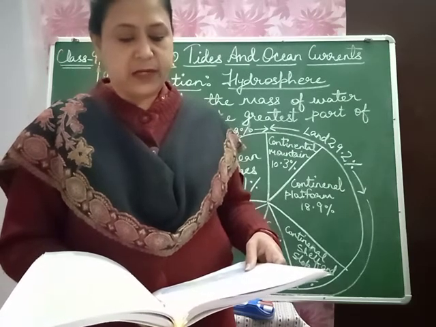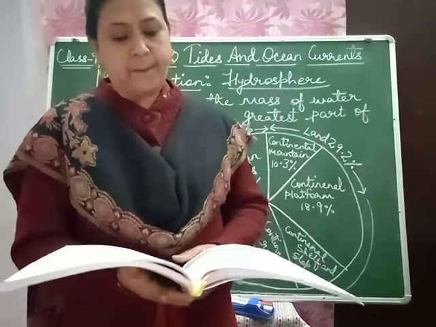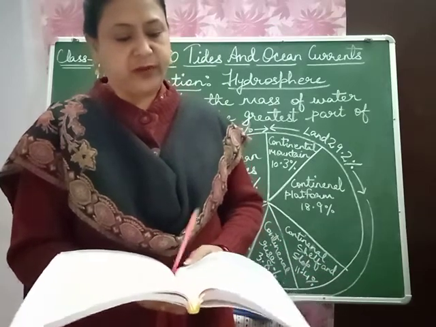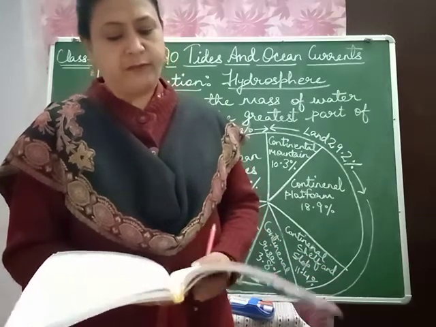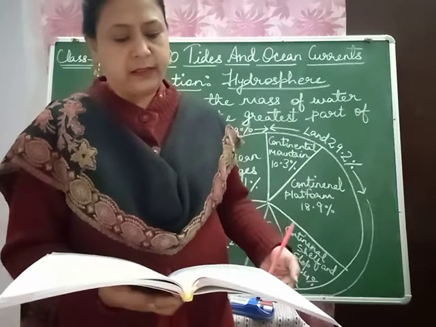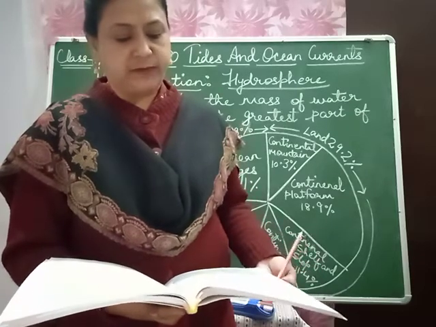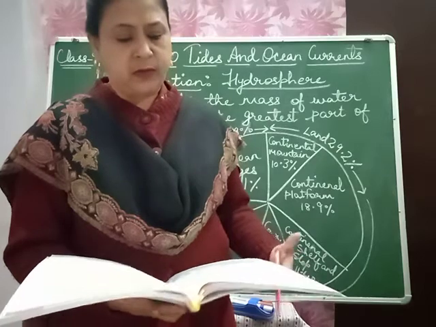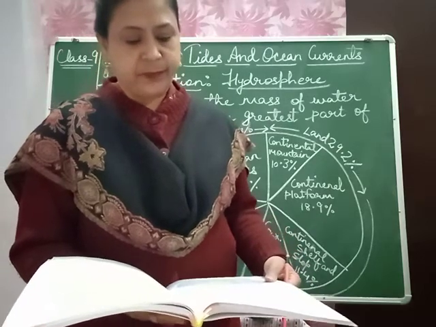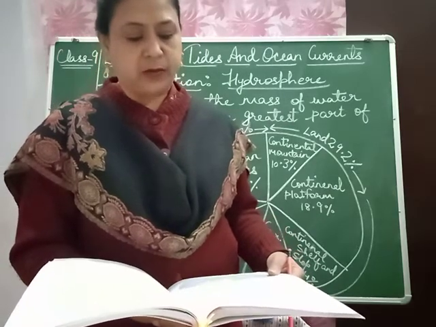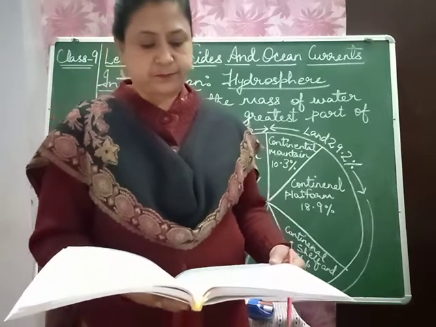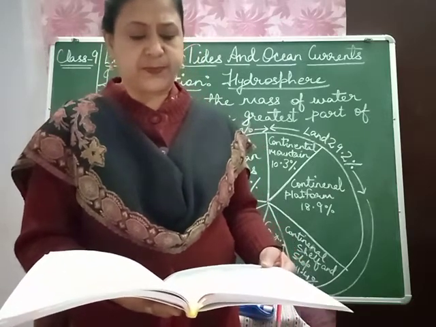It develops partly due to the Coriolis force and partly due to the obstruction of the Philippines in the flow of the North Equatorial Current. The average surface temperature of this current remains around 18 degrees Celsius. It moves at a speed of about 30 kilometers per day.